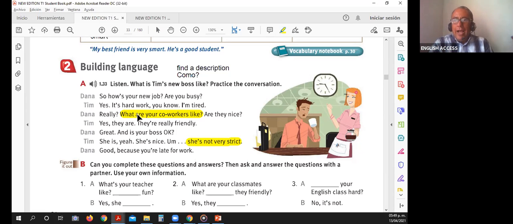And you see the question here, what are your coworkers like? ¿Cómo son tus compañeros de trabajo? Are they nice? So here like is asking about the description of the personality of the people. Maybe we can use like in another way, but right now, like is to ask about the personality.